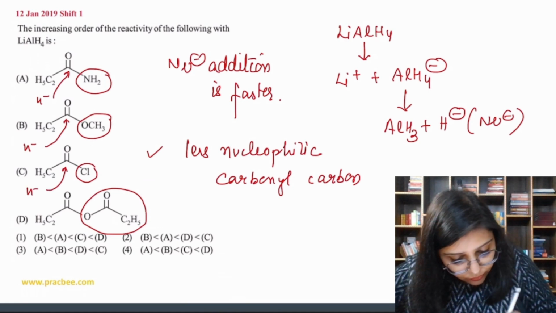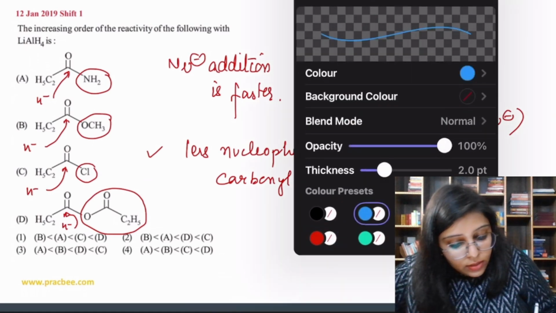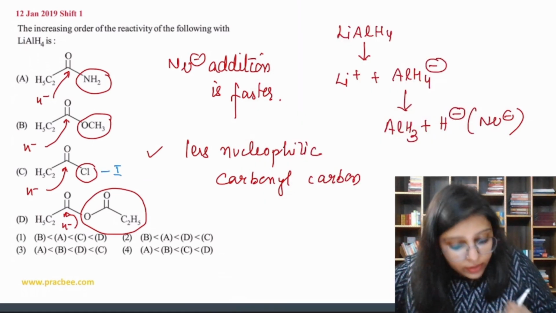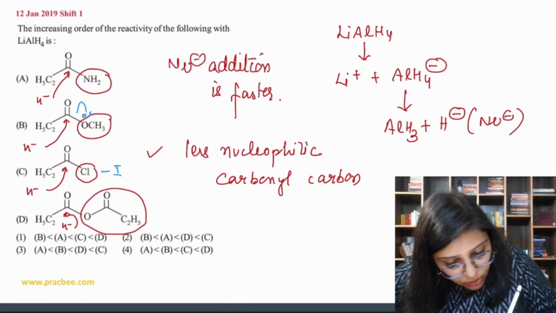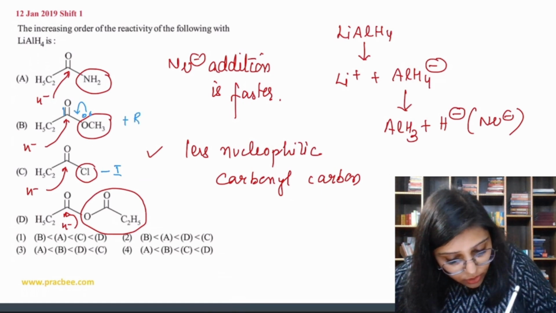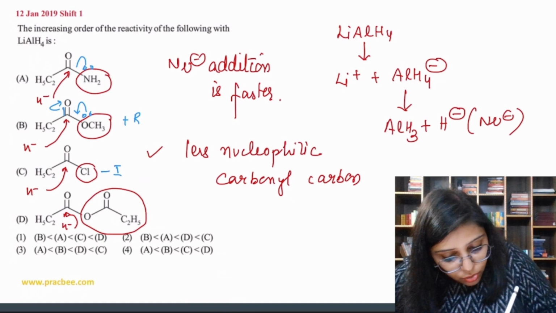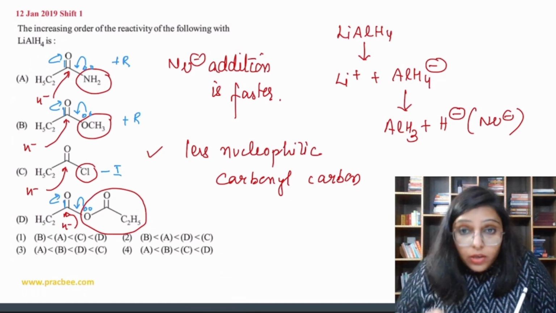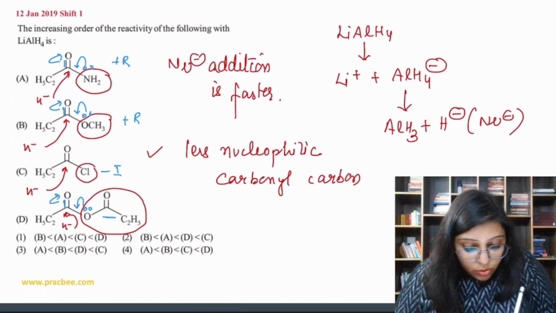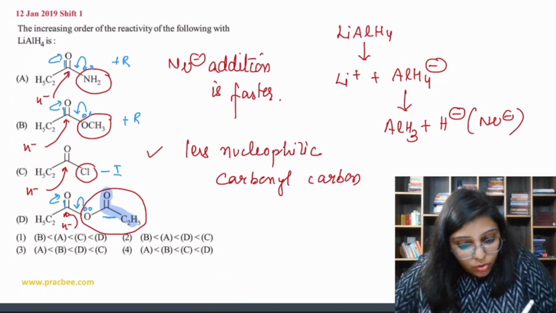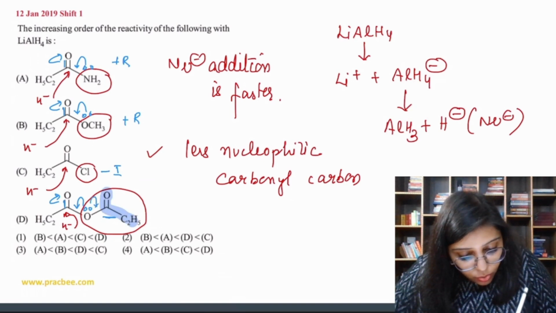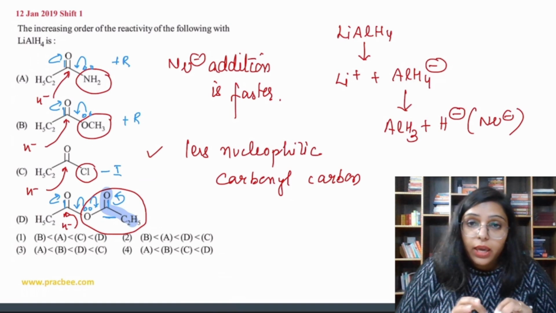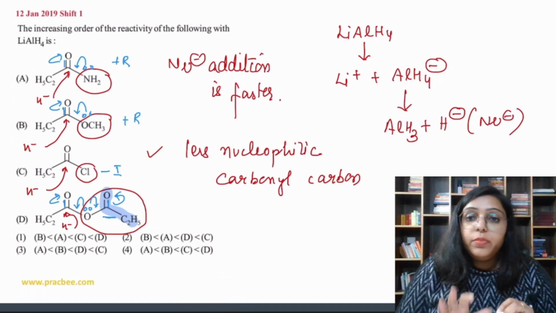Now, Cl shows minus I effect. OCH3 shows plus R effect because it forms resonating structure. NH2 shows plus R effect. Even O shows plus R effect. But here what happens? Oxygen is also bonded to this group, so the oxygen lone pair can go to the right hand side also. So the fastest rate is going to be in C.